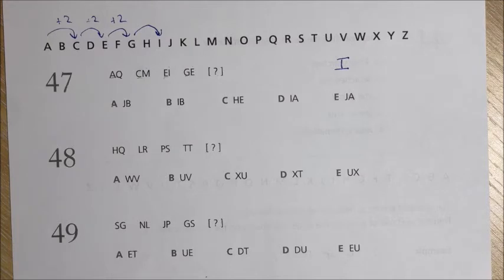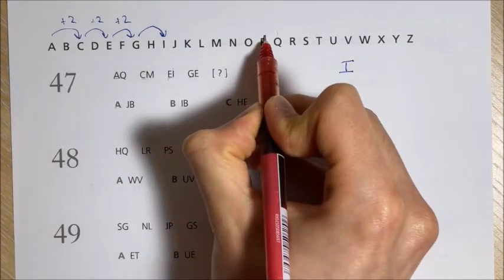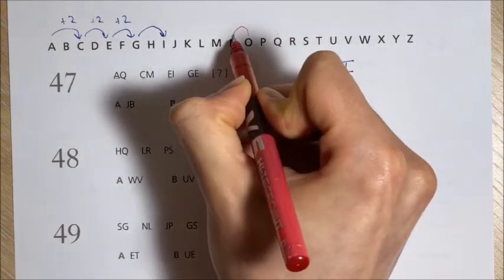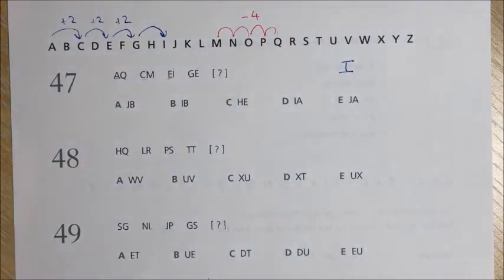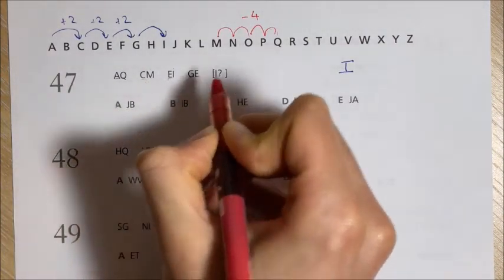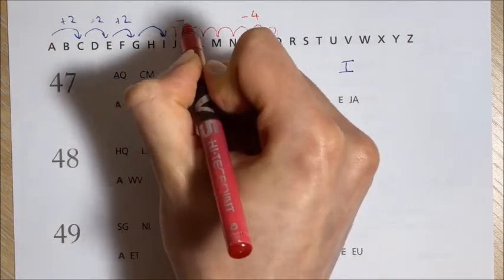Now if we look at the second sequence, we can start counting back from Q. Q to M is minus 1, 2, 3, 4. Minus 4. M to E is also 1, 2, 3, 4 letters back.